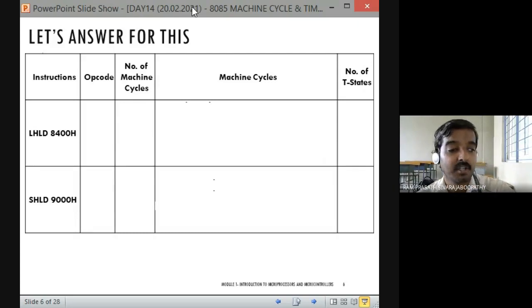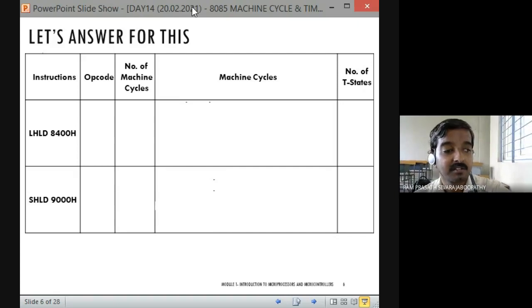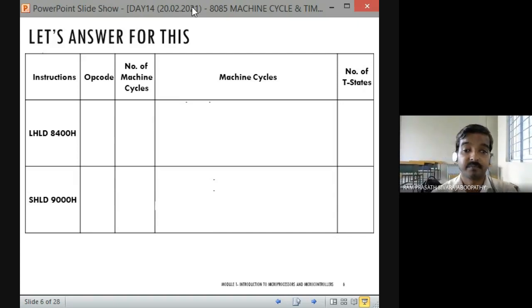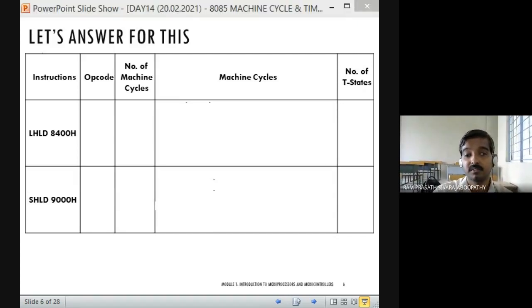LHLD, SHLD. Okay. What about the number of bytes occupied by LHLD instruction? How many bytes does it occupy? Yes, very good. 3 bytes only. Fine. It occupies 3 bytes only.